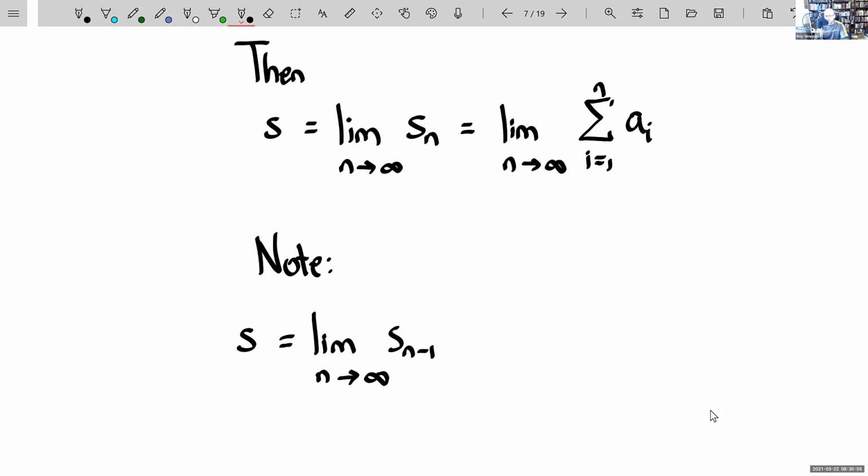You're still summing up an infinite number of terms of your base sequence. So in both cases, they should converge to S.